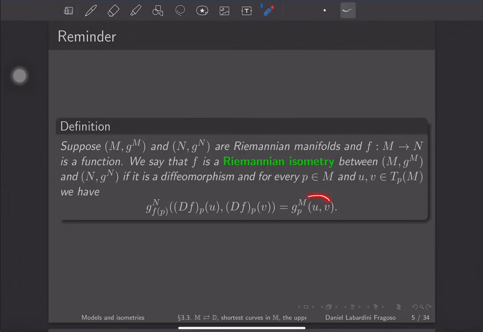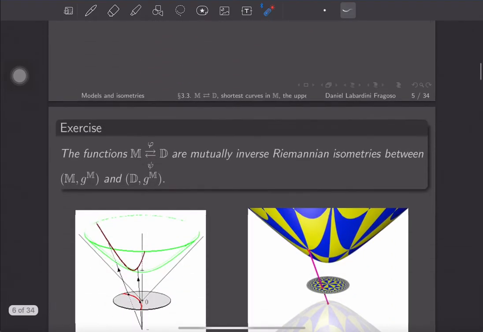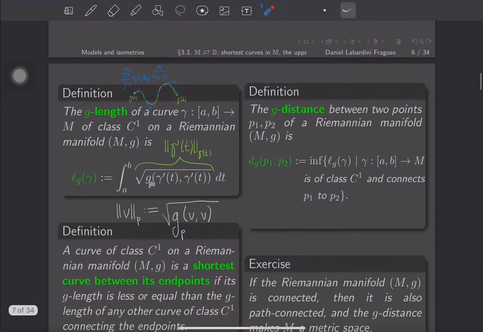The value doesn't change, and so that means the length of the curve is equal to the length of its image under the Riemannian isometry.